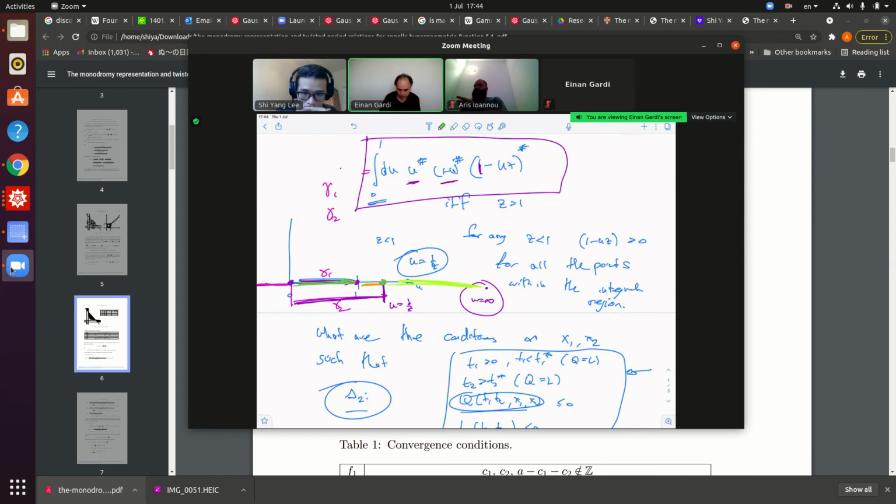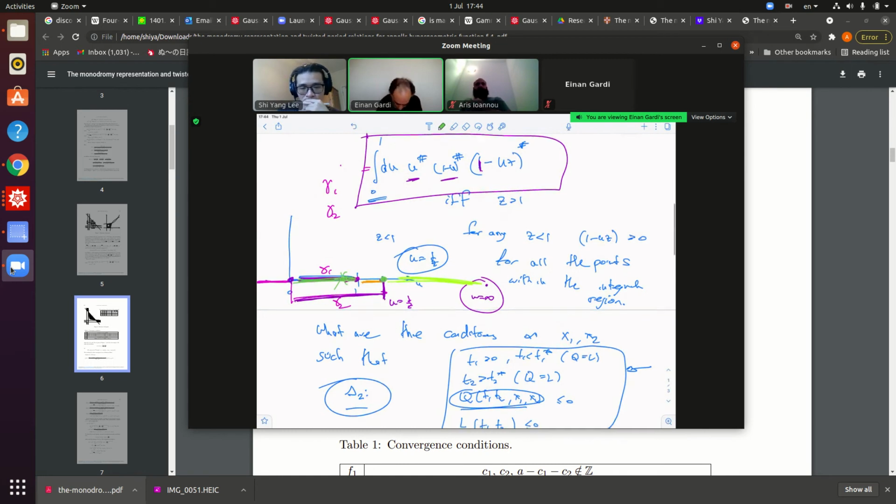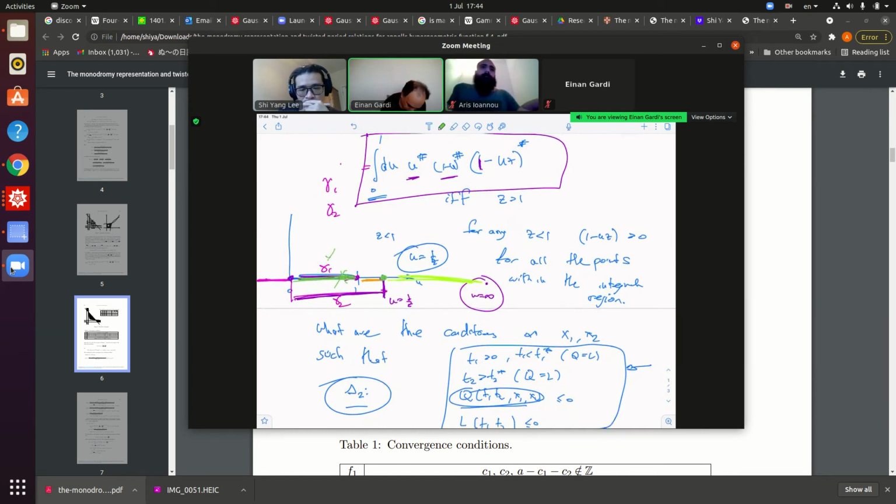If Z is inside, then suddenly part of this region is complex. Okay? So for gamma 1, we can identify the two situations, while for gamma 2, we cannot, because it is always the boundary. That's the defining feature of gamma 2.